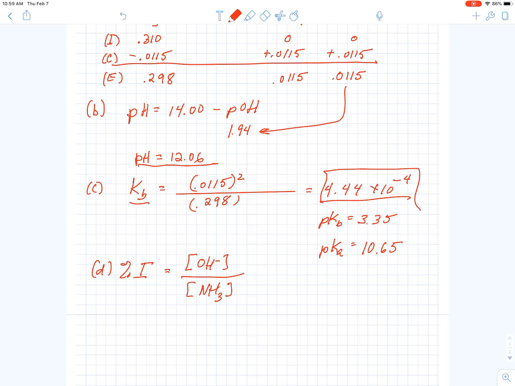So we're going to put in the 0.115 molar for the hydroxide and put in the 0.310 molar for the initial base, times 100 for the percent ionization. Get ourselves a nice small number. It's a weak base, I should say. So it turns out to be 3.71%.